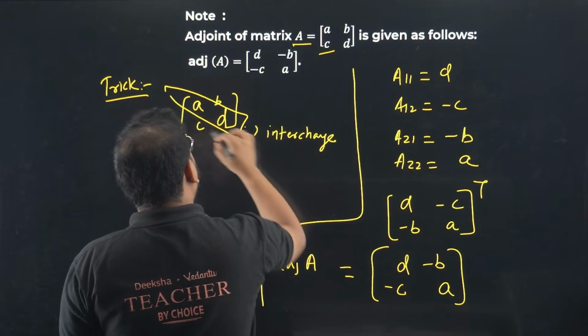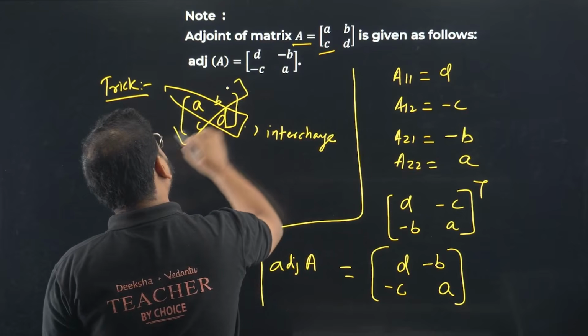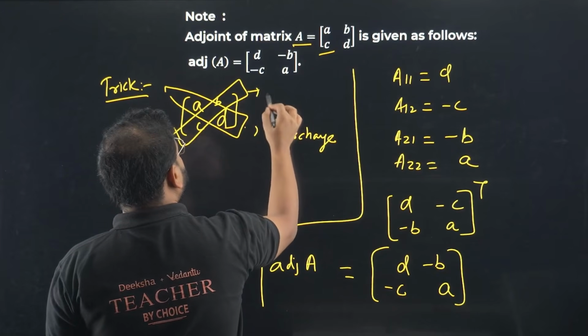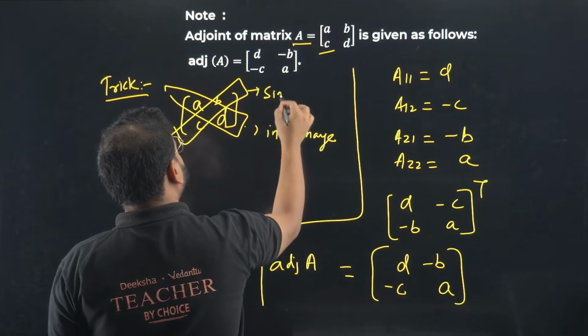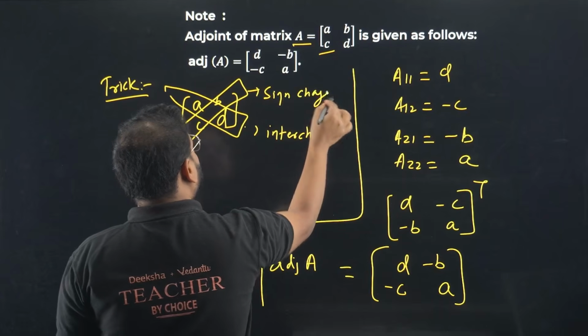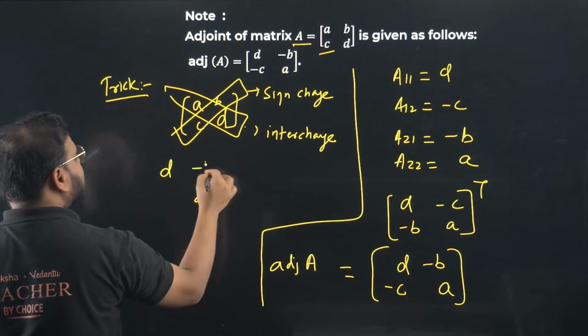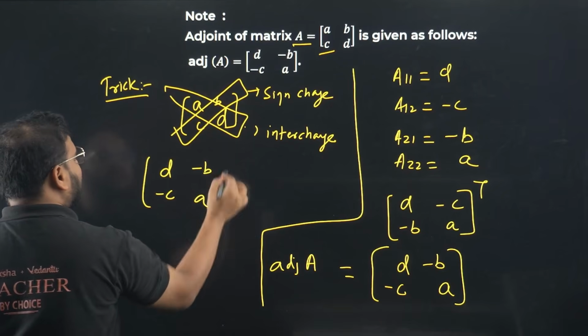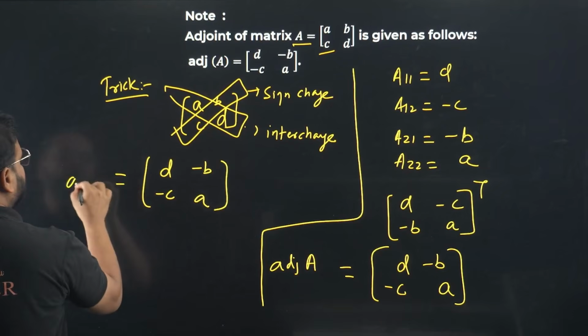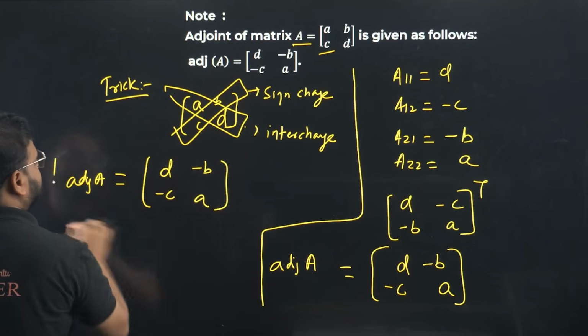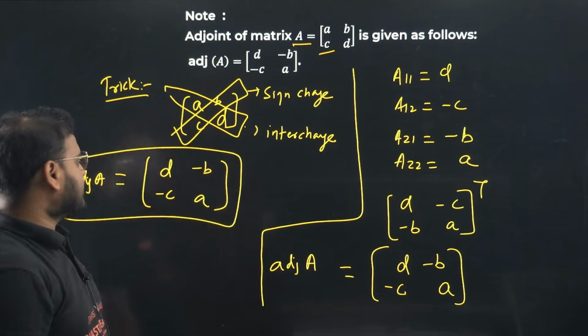And across the other elements B and C, change the sign. A and D interchange means it will become D and A, B will become minus B, this will become minus C, and that itself is your adjoint. Please check: D, minus B, minus C, A.